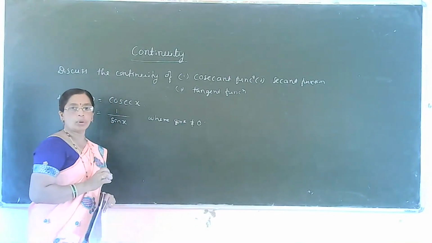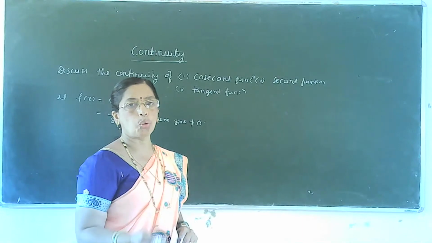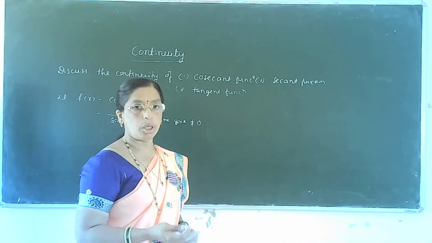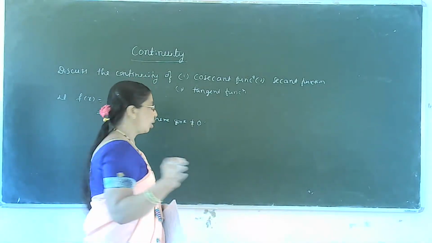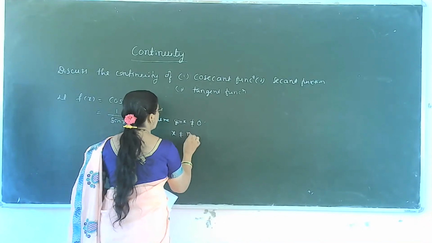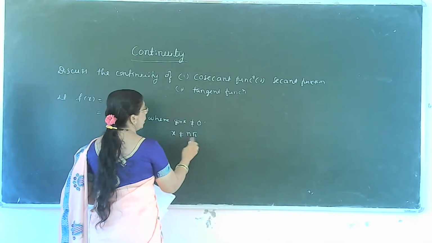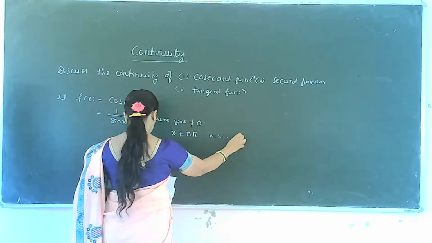Where is sin x equal to 0? At n pi, meaning pi, 2 pi, 3 pi or 0, the sin x function is 0. Therefore, x is not equal to n pi. n can be taken as 0, 1, 2, 3, etc.